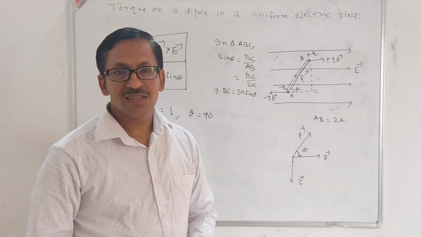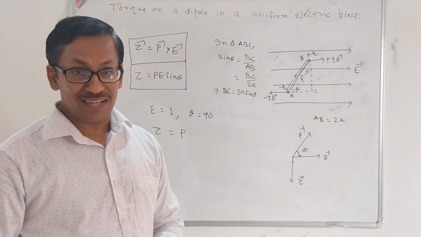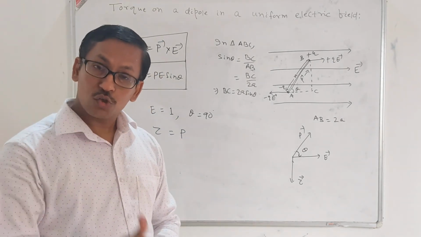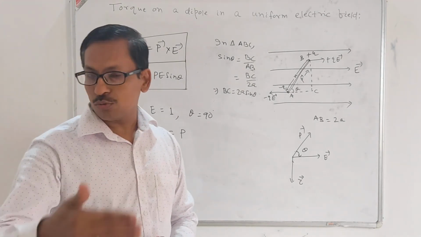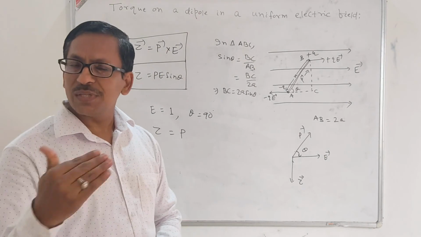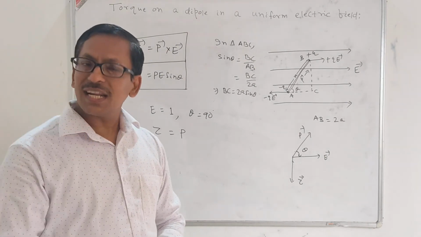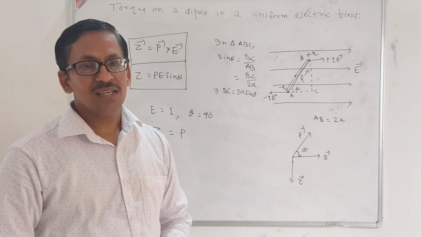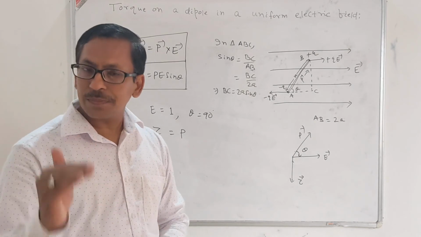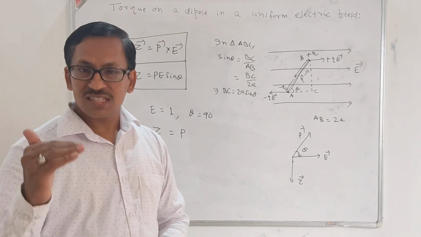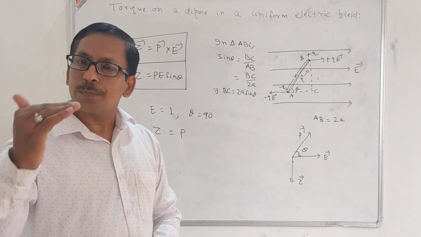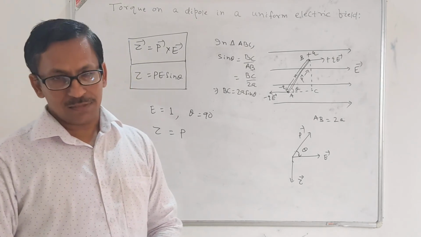moment. So electric dipole moment may also be defined as, or you may say it is numerically equal to the torque experienced by an electric dipole when it is placed in a uniform electric field of unit strength and perpendicular to the electric field.